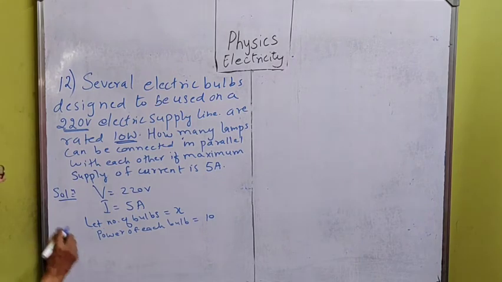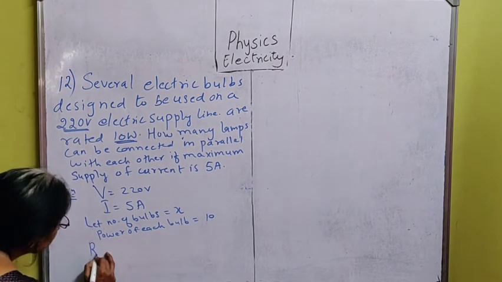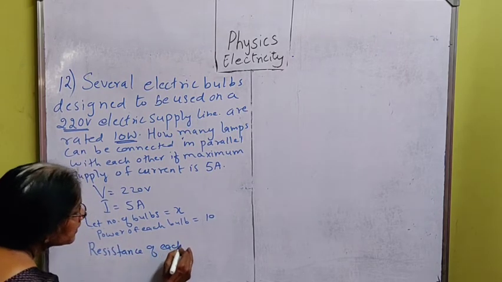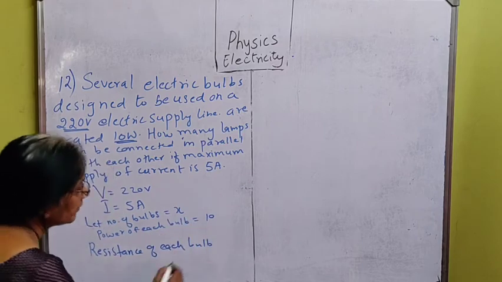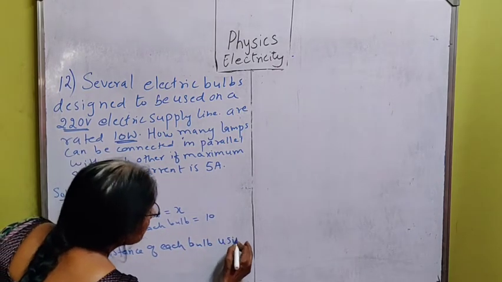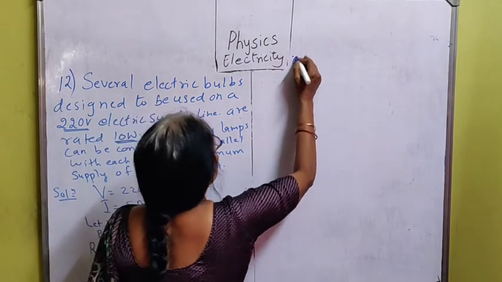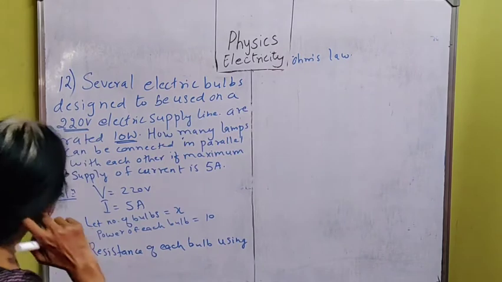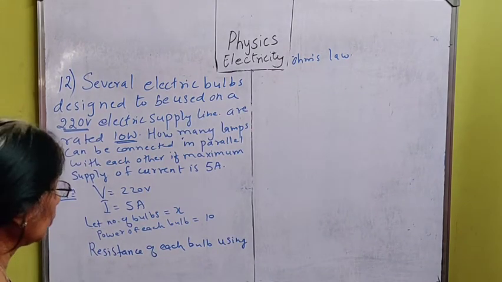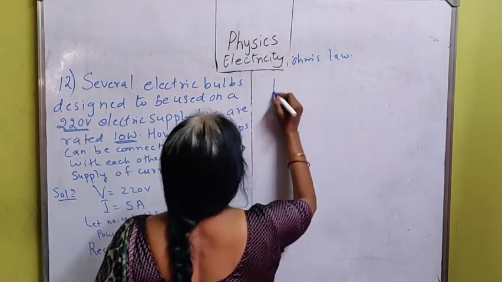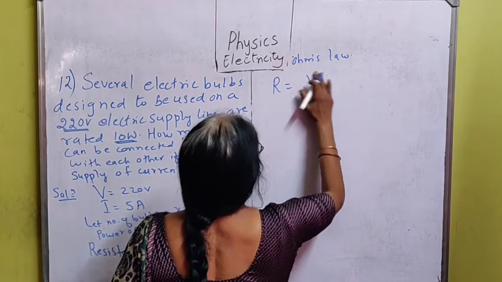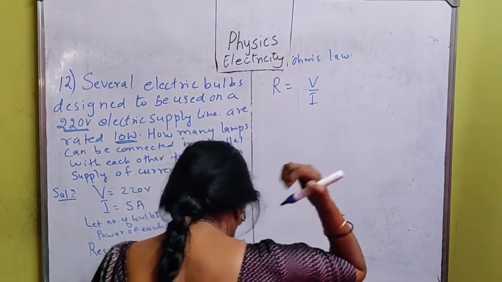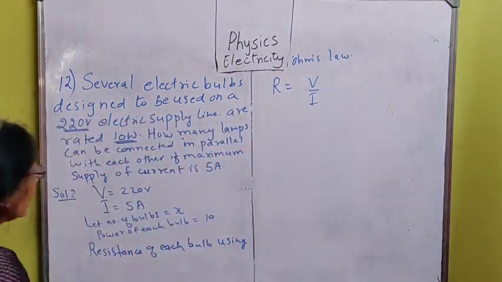So let us find out the resistance of each bulb using Ohm's law. So what is the resistance? R is equal to V by I. But here power is given.